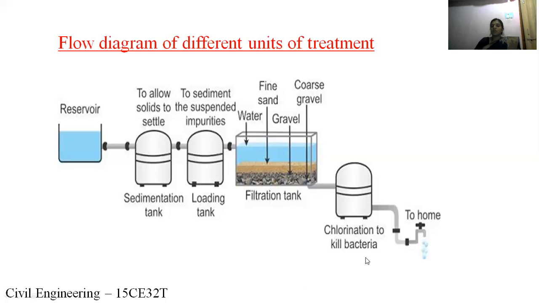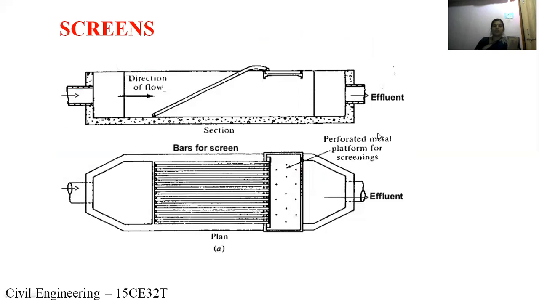So that treatment unit is chlorination to kill the bacteria. Whatever bacteria is present in the water will be killed here using the chlorination method. So next, after chlorination, it is supplied to the consumers, or it is supplied to the public.